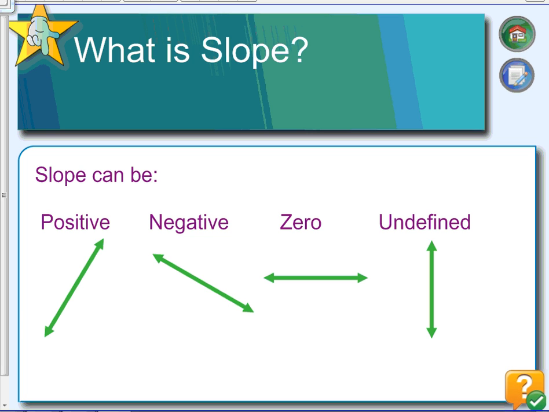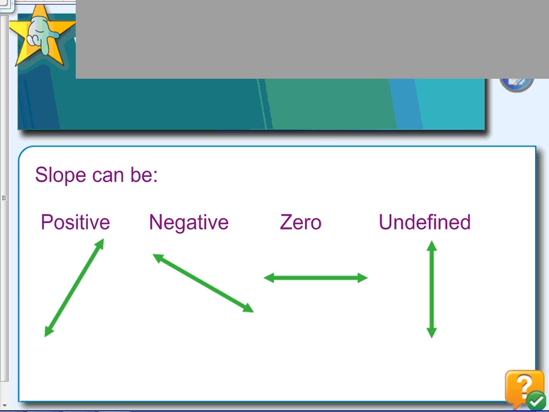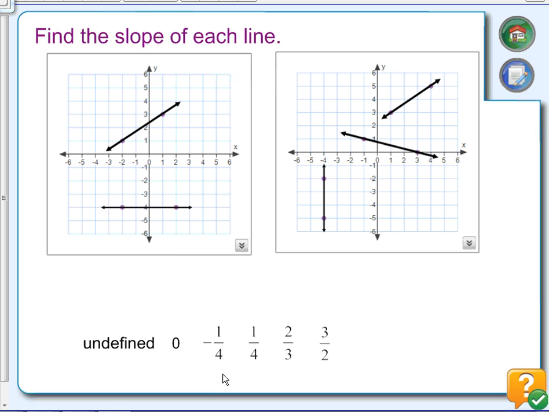All right. So in order to do this, we can actually write our slope out as a fraction or a whole number oftentimes. So we can just look here real quick. We have 5 different lines. And we have some different slopes down here.